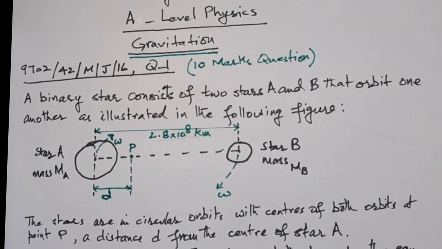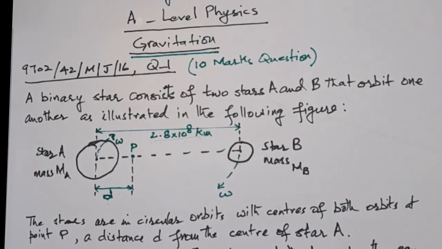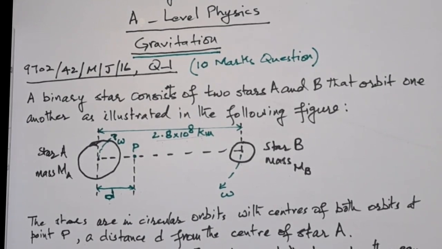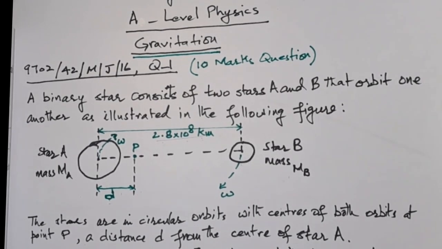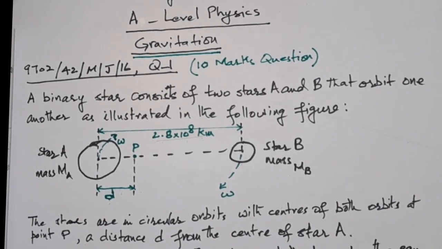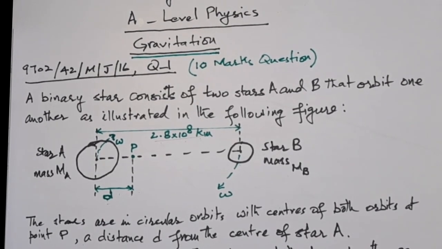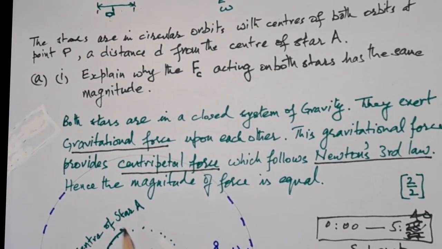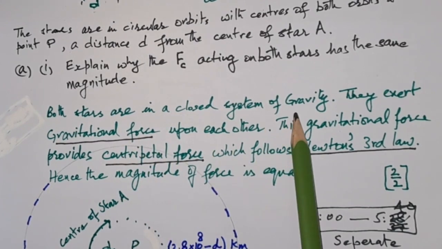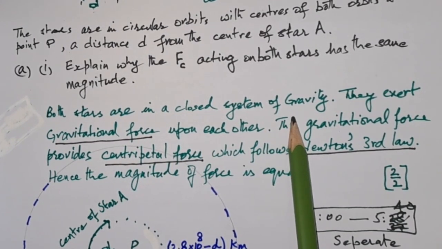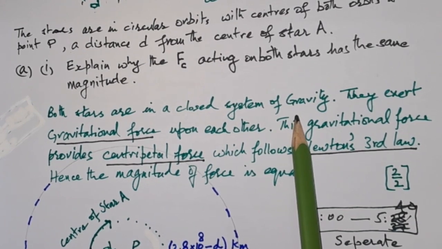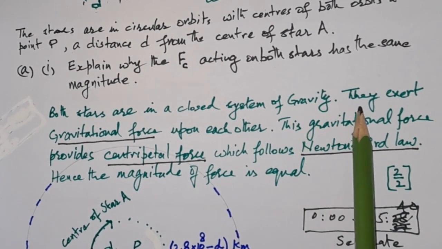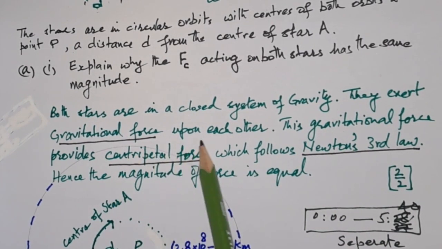So part 1 asks, explain why the Fc acting on both stars has the same magnitude. After having learned the concept of universal gravitation, we can very easily say that both stars are in a closed system of gravity because we are taking them as an enclosed system, or there is no other force being considered on them, so they exert gravitational force upon each other.